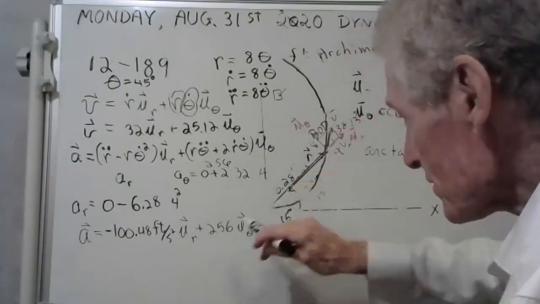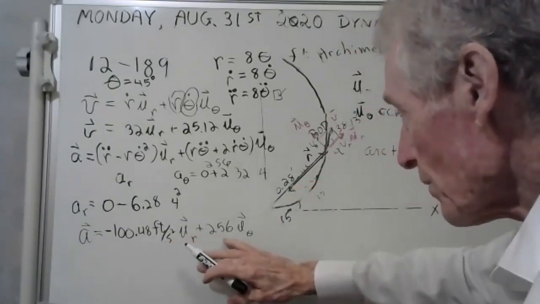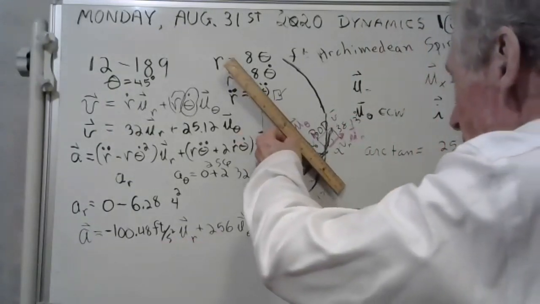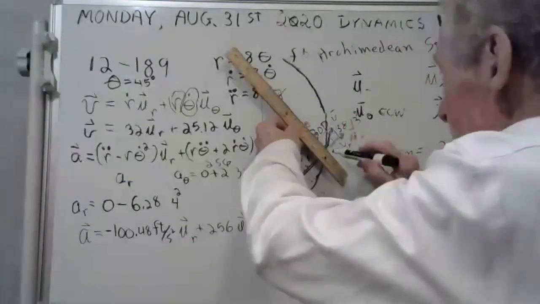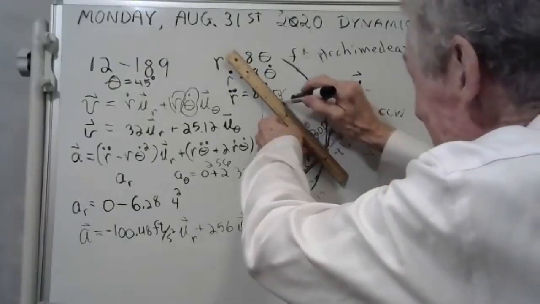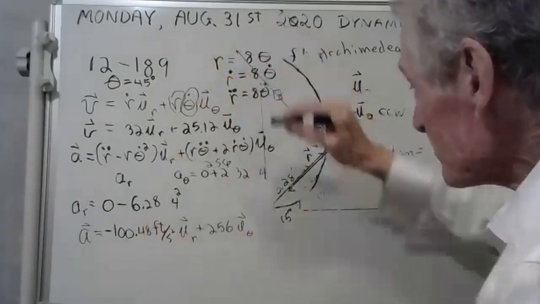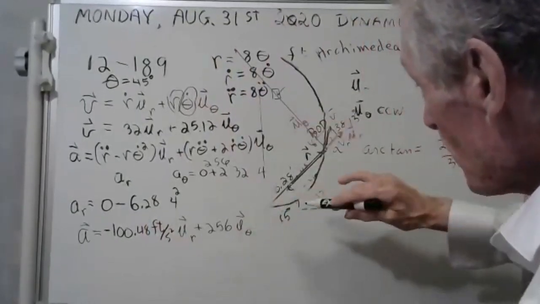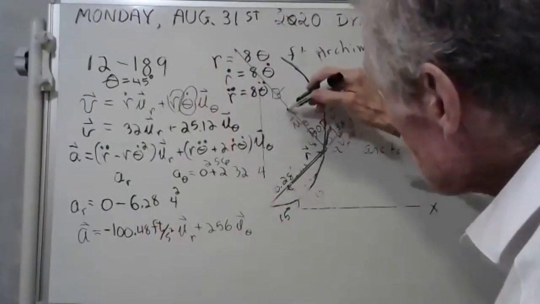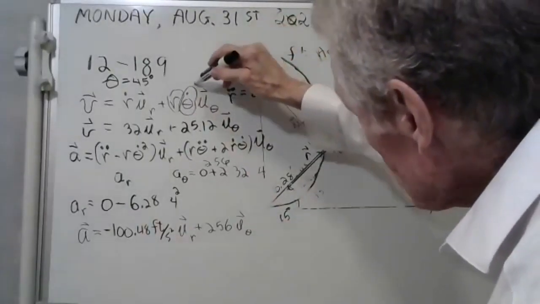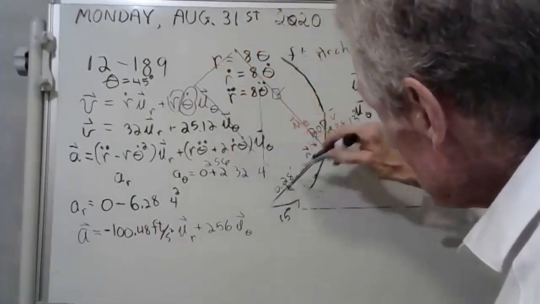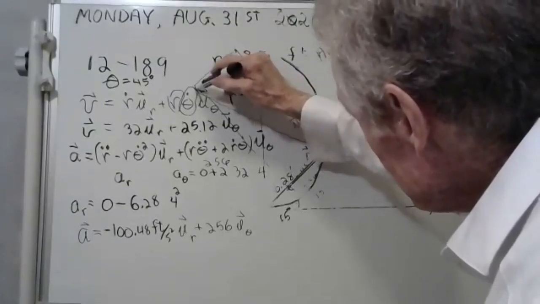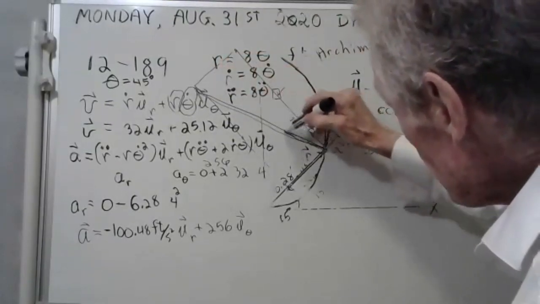Now that's the radial component. And then we have a positive 256. Oh, gee. Bad scale. That's the transverse component. And so if you have these two components, make you a box. You guys all know how to add vectors, right? Here it is. There's your acceleration.